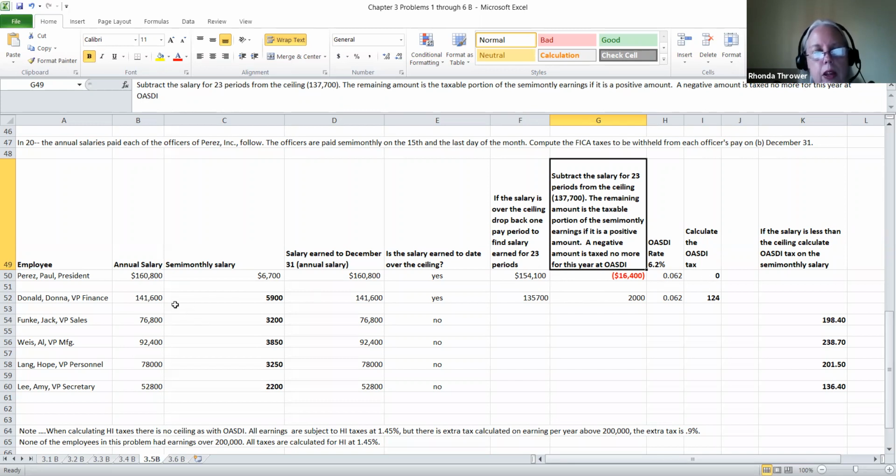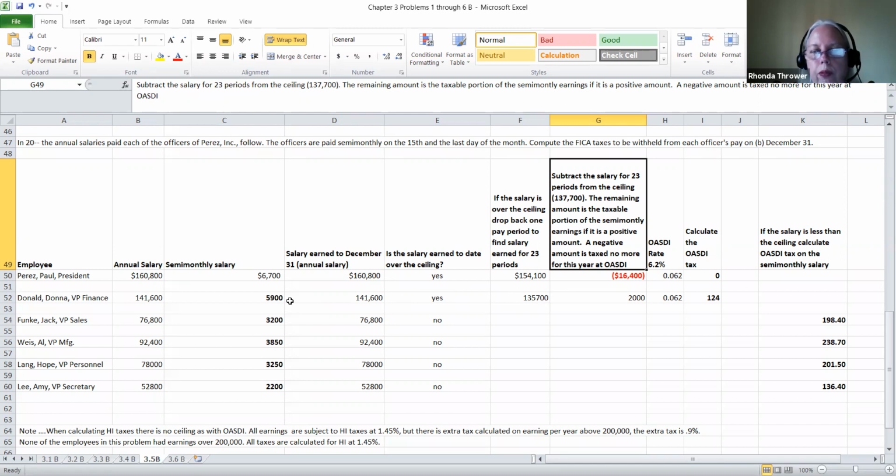On the second employee, you can see that the salary earned at December 31st is 141,600. That is above the ceiling of 137,700. So we have to find out what her salary would be at 23 pay periods.